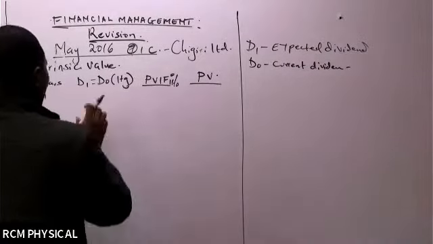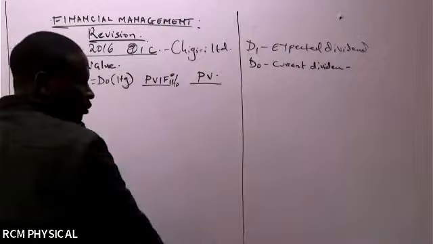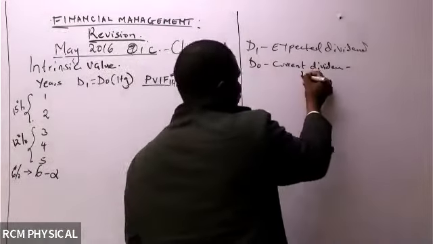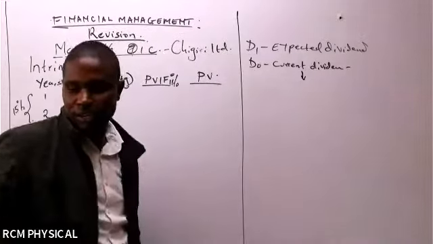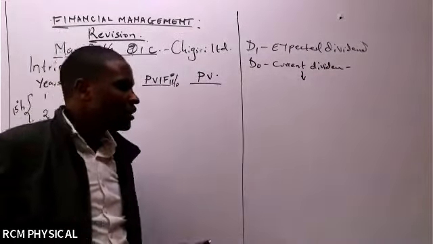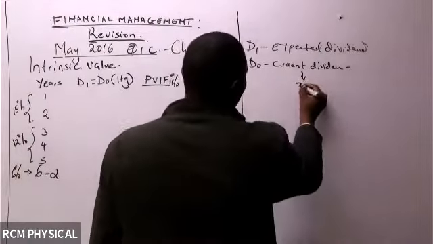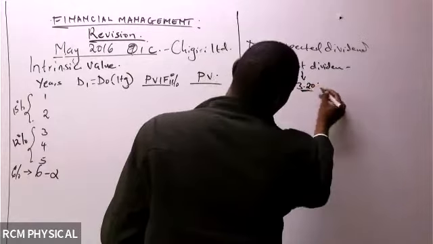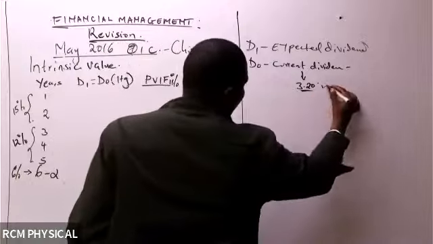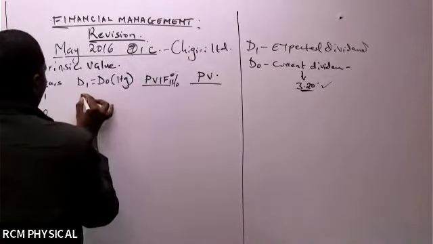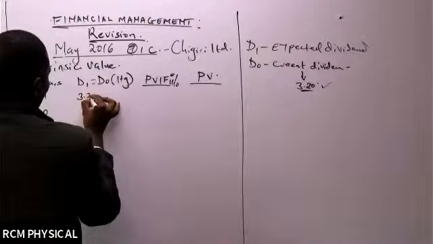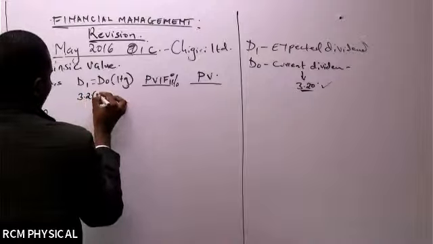So we need to get our D1, and we have our D0. What is our current dividend, class? It is 3.2. That is our current dividend. This is what we are growing. For the first year, it's 3.2, growing at a rate of 15%.